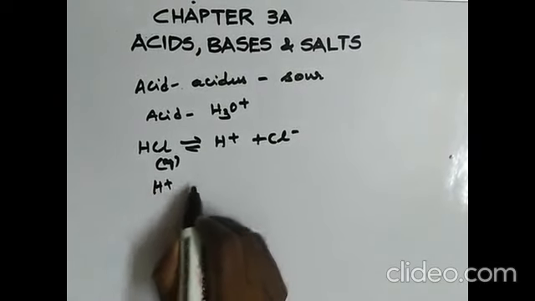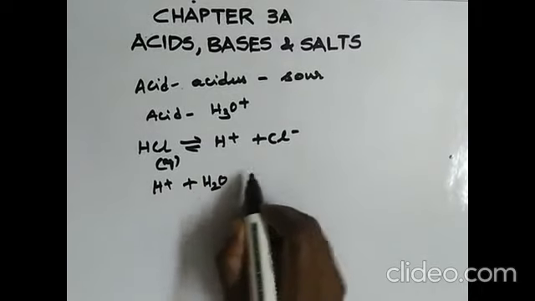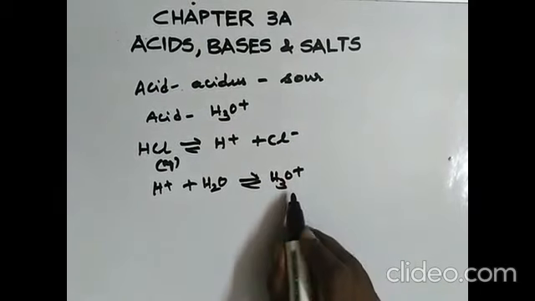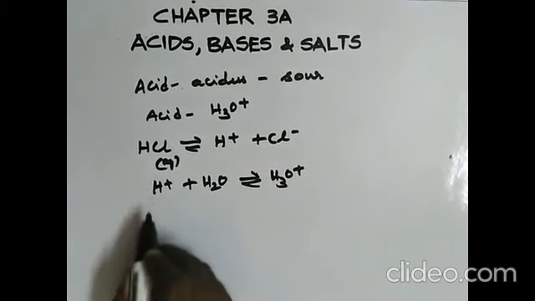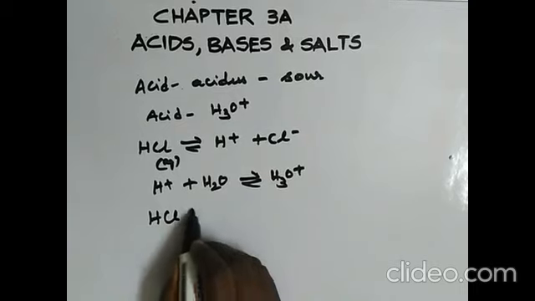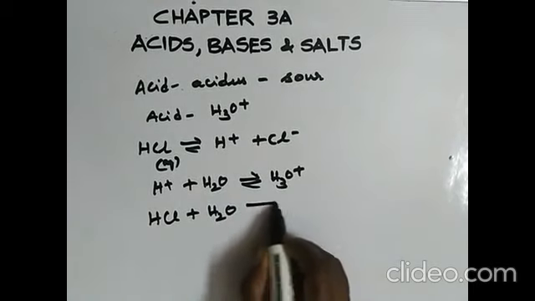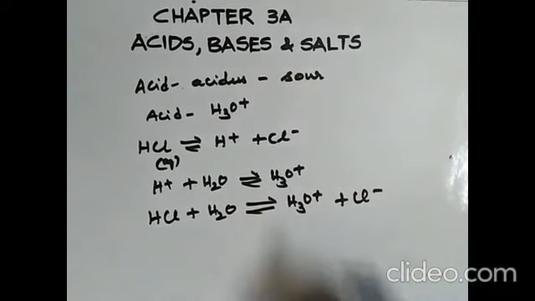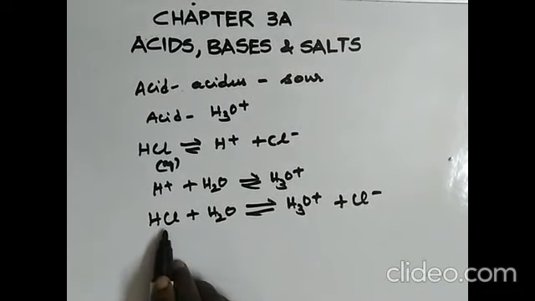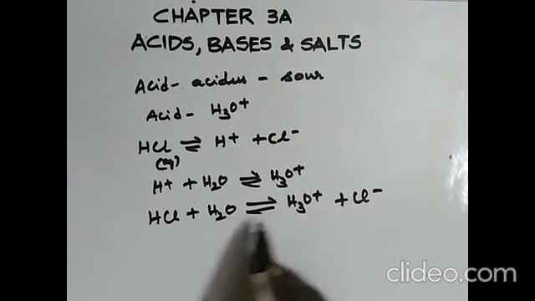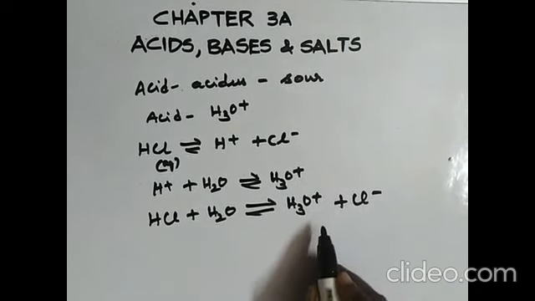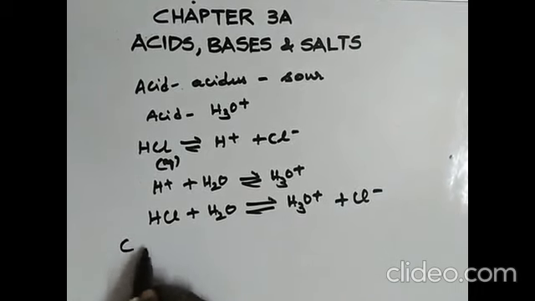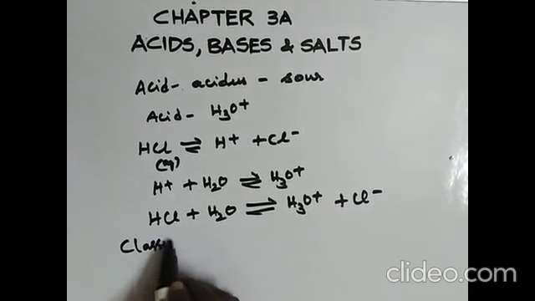H+ ion further combines with water to form hydronium ion as the only positively charged ion. The overall equation will be HCl + H2O gives hydronium ion + chloride ion. So the definition is: acid is a compound which, when combined with water, forms hydronium ion as the only positively charged ion.